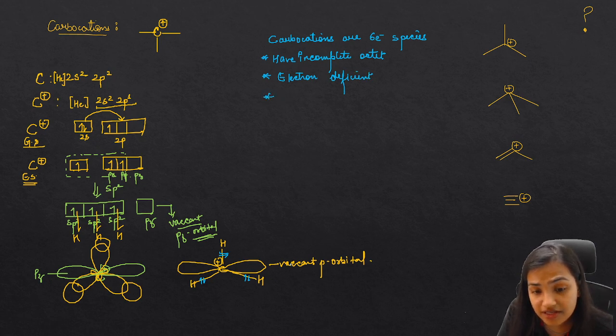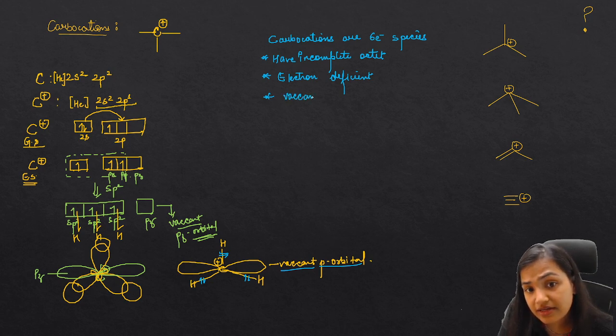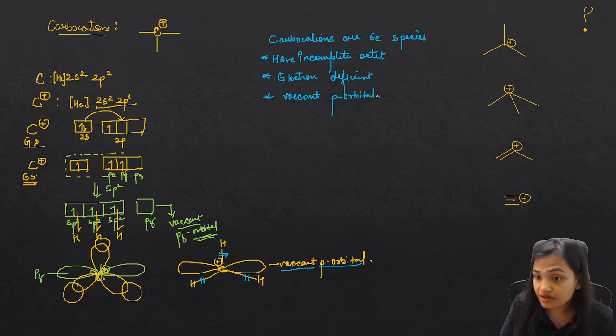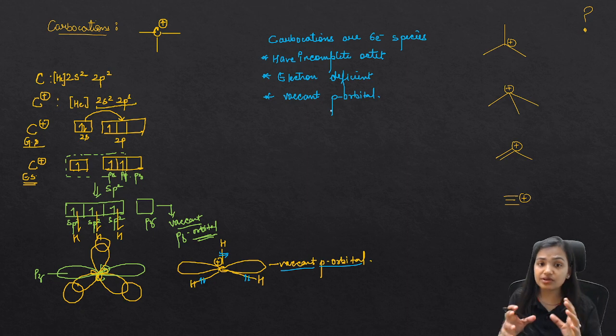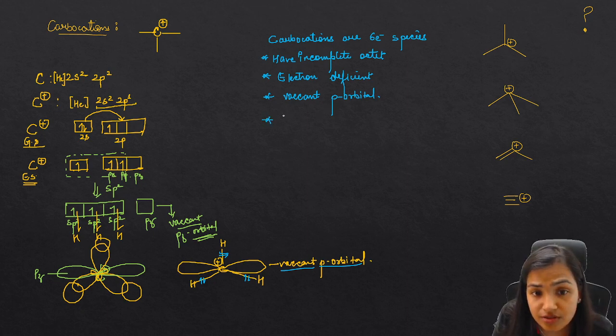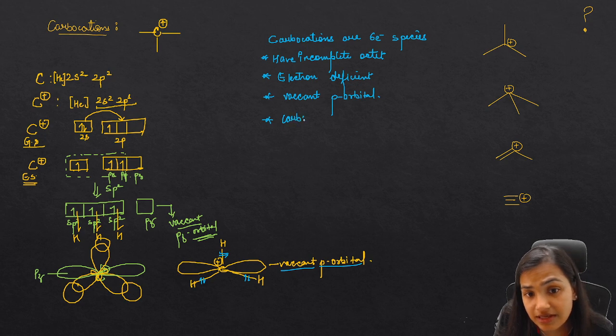They have a vacant p orbital. There is a presence of a vacant p orbital. So because they are electron deficient and have a vacant p orbital, they can accept the electron pair.